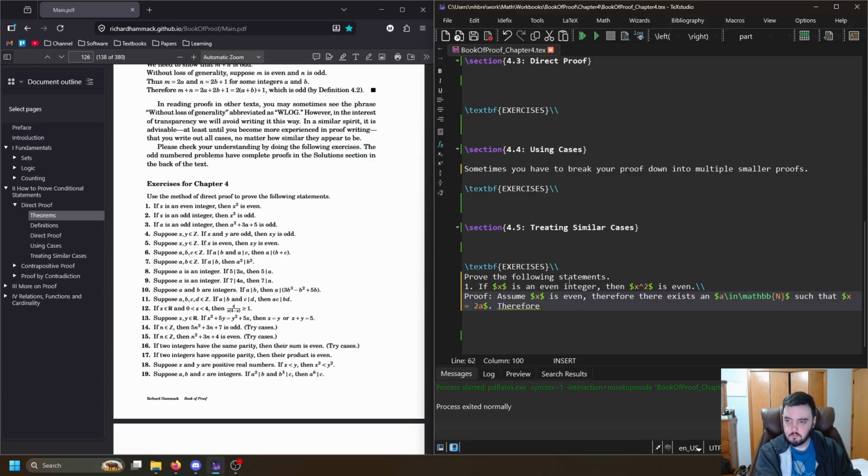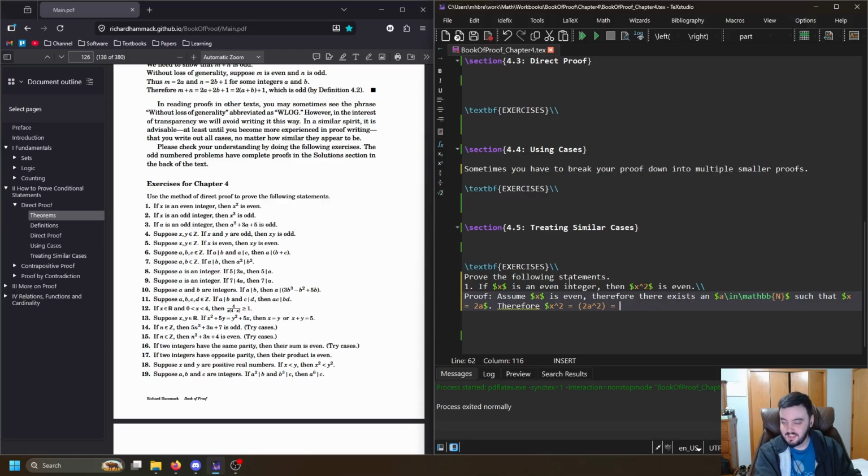Therefore, x squared equals 2a squared, which is equal to 4a times a.